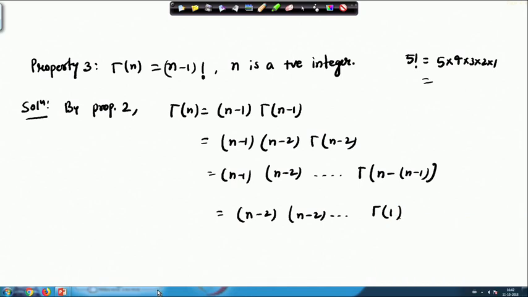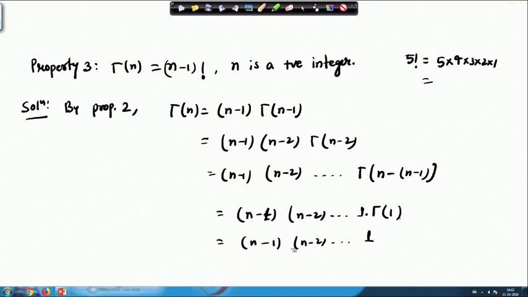And this one will become gamma 1, and the value of gamma 1 would be 1. So, here is n minus 1, n minus 2, and so on. Value of gamma 1 is again 1. So, I can write it as 1.